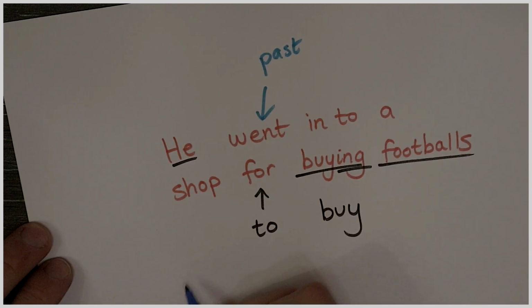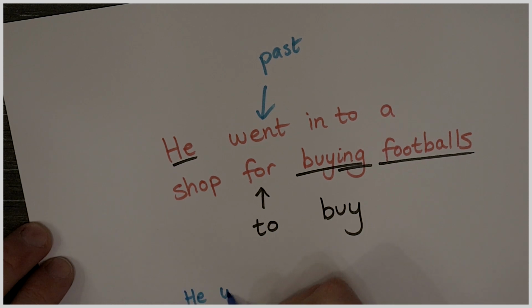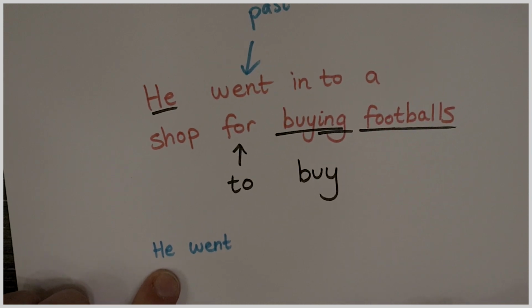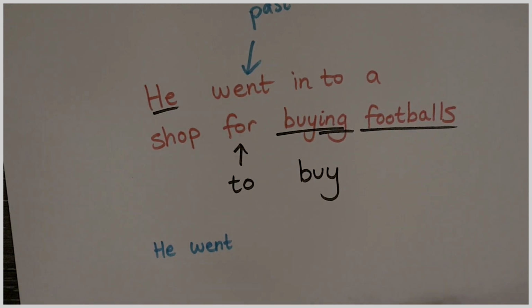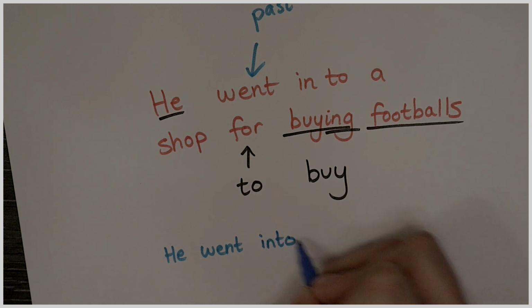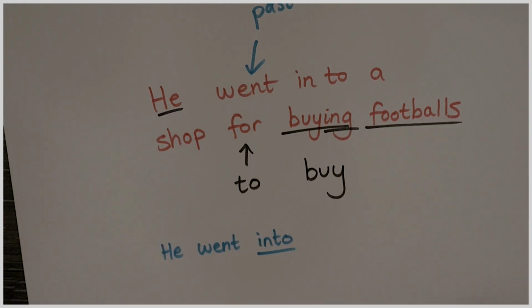So now we've got he went. Now we want to say he. We know it's a boy. Hopefully before this in my story, I would have told you who he is so that you know who he is. For now, it doesn't matter. He went into, I'm going to put into together because it's going to join together.